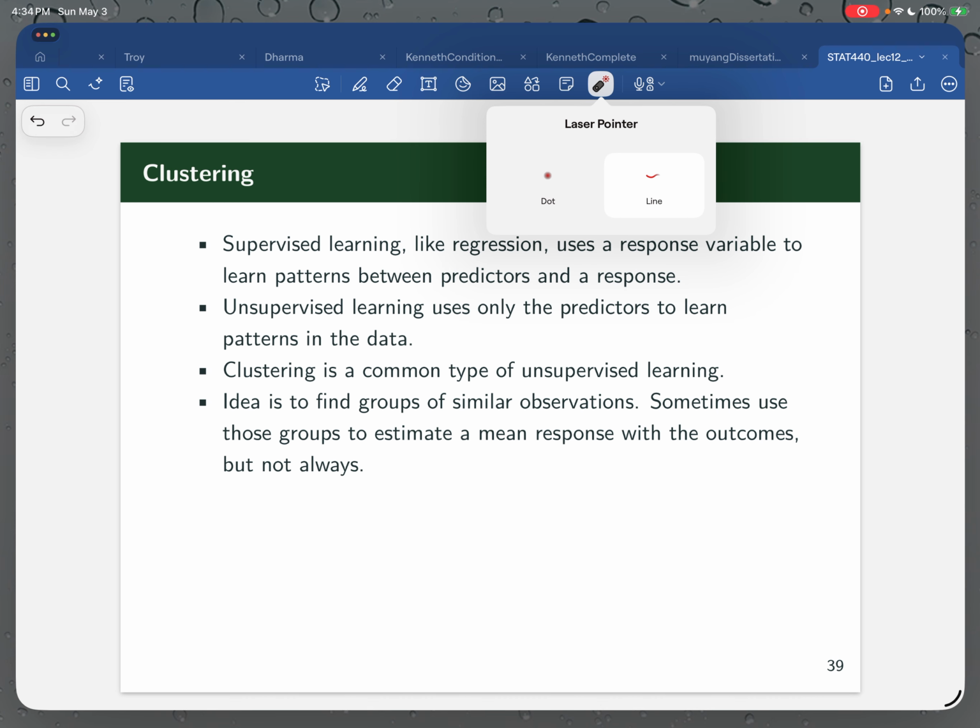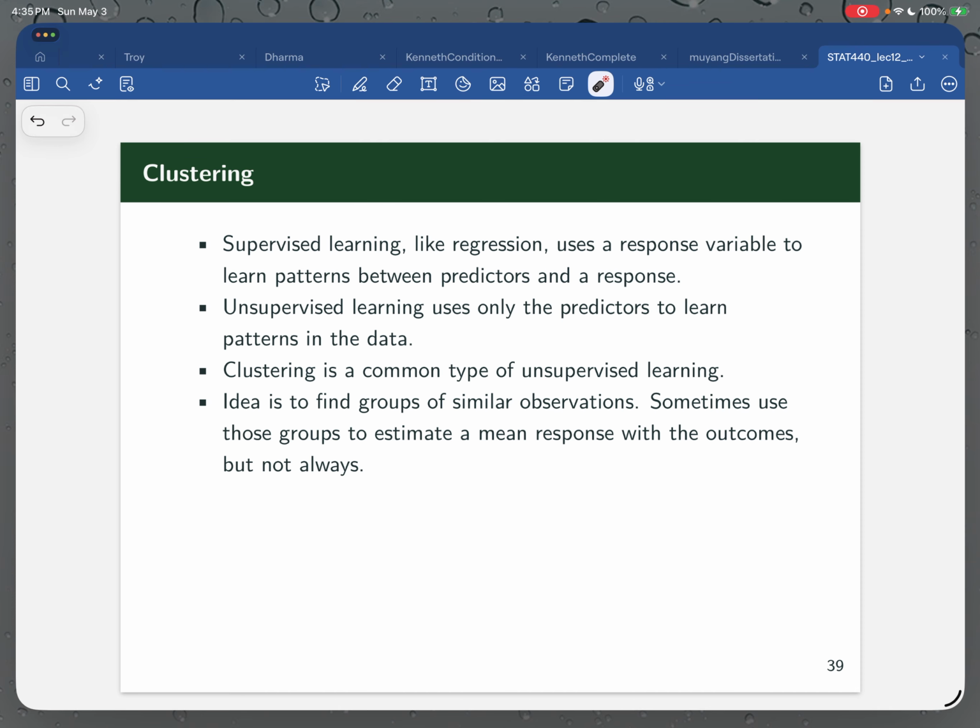Okay, so clustering is, in fact, unsupervised learning. The way I would describe supervised versus unsupervised is: supervised means you've got labels, or some labeled data to learn from, and in unsupervised learning, you have no labels going in. So clustering is a type of unsupervised learning.